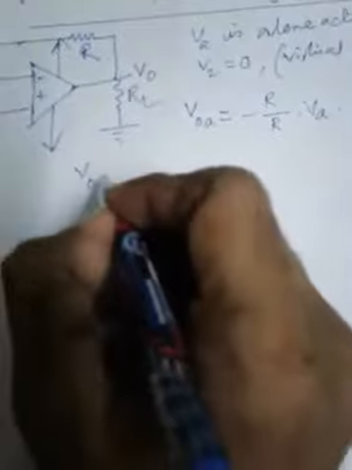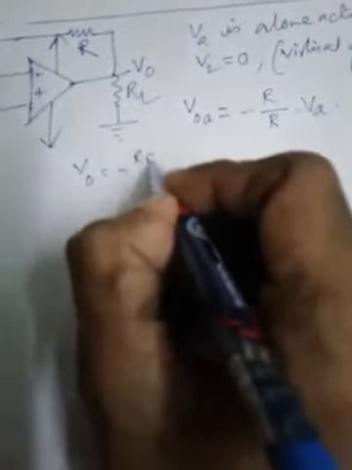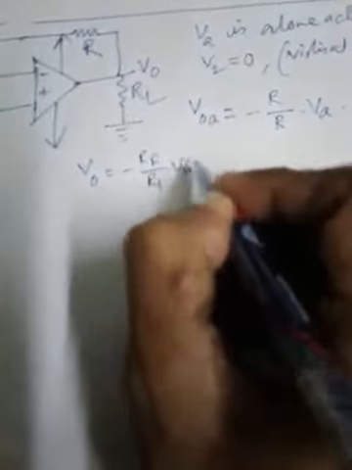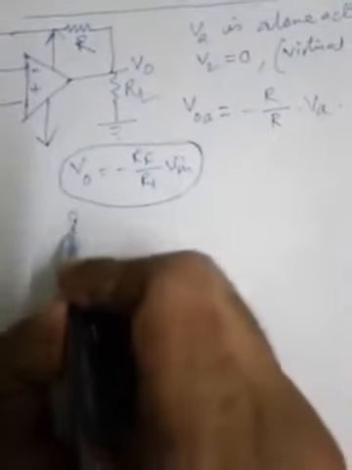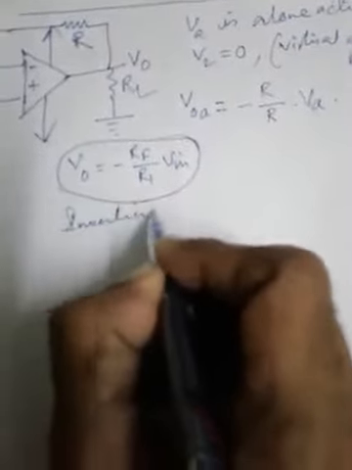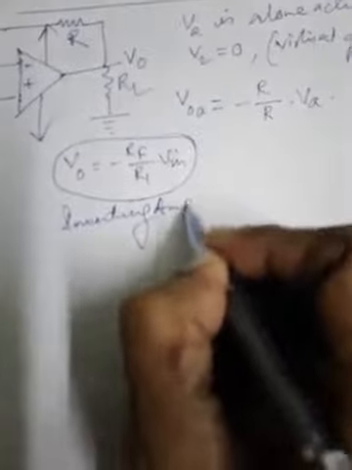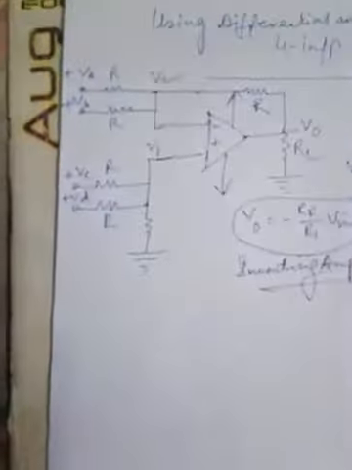This is the basic formula of the inverting amplifier: VO is minus RF by R1 into Vin. And why is it an inverting amplifier? Because only VA is acting alone, applied at the inverting terminal, and the other input sources are made 0.